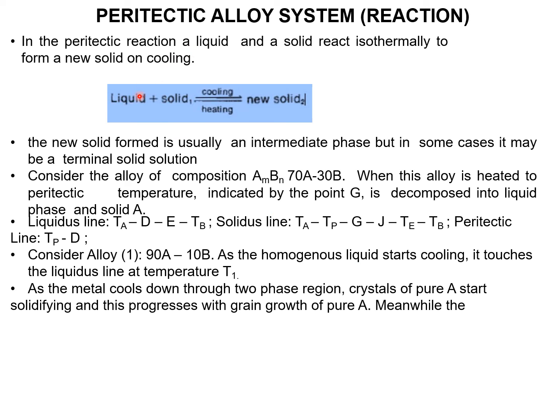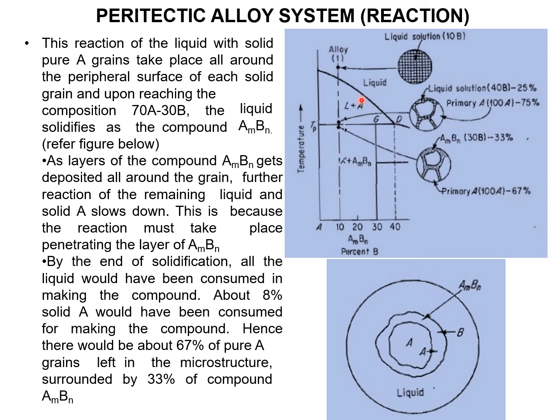So here peritectic reaction means one liquid plus solid at constant temperature gives the new solid. We call this a peritectic reaction. Here we see the microstructure at this temperature for alloy 1, 10 percent of B, 90 percent of A. Here it is liquid. Before this line, liquid plus solid grains are there.